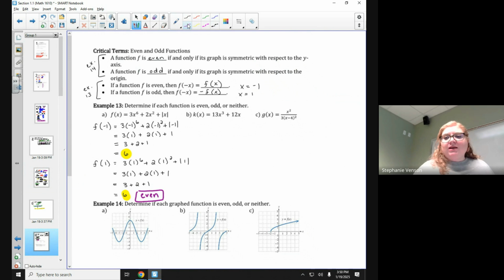Okay, now let's look at B. K of x equals 13x cubed plus 12x. Let's try it again. F of -1 is 13 times -1 cubed plus 12 times -1. Okay, if you don't believe me, check it in the calculator, but -1 cubed is -1.